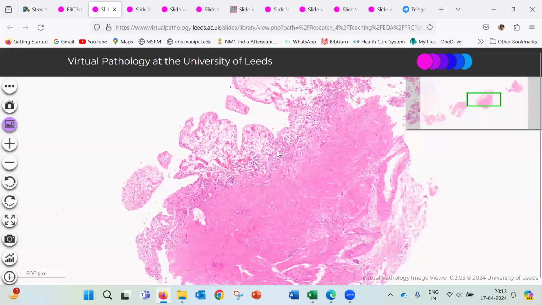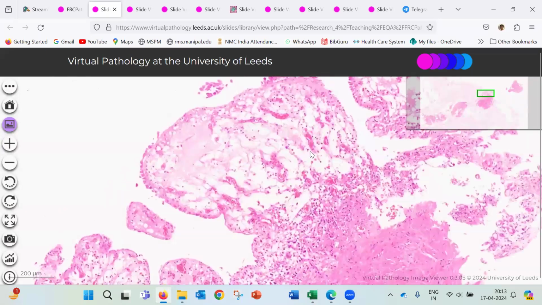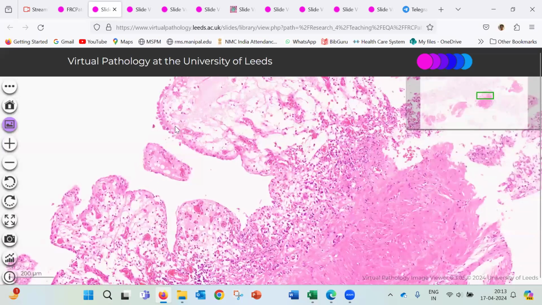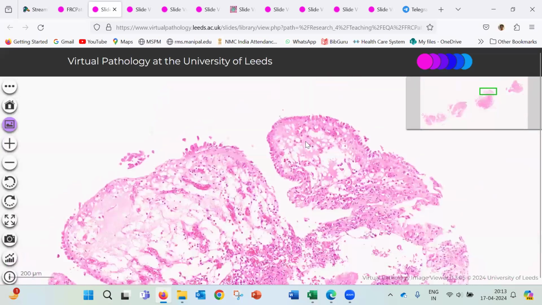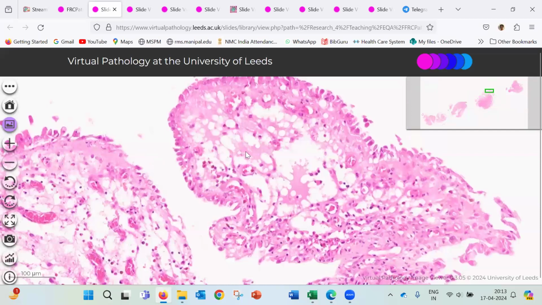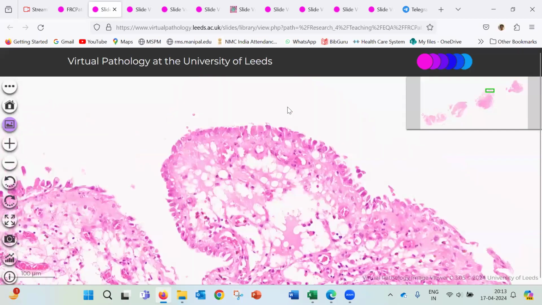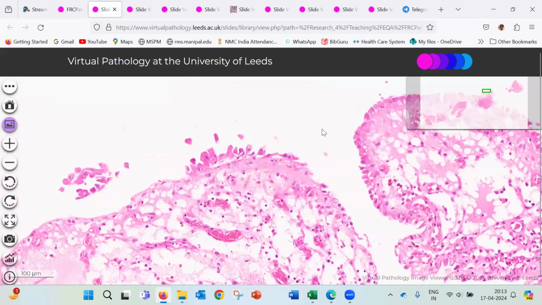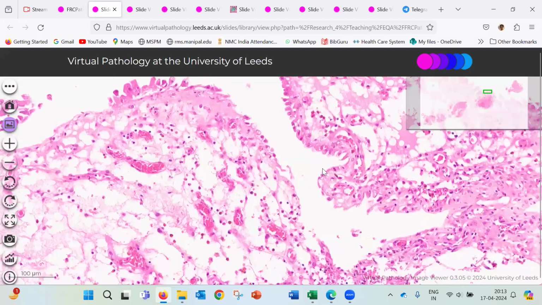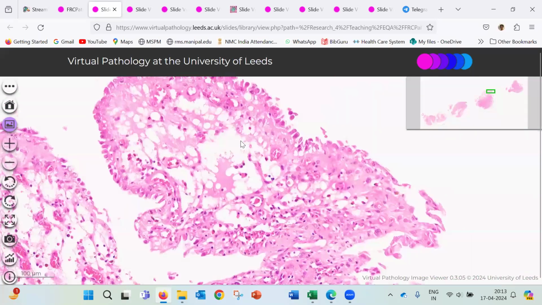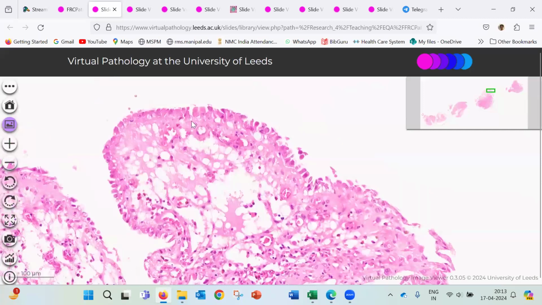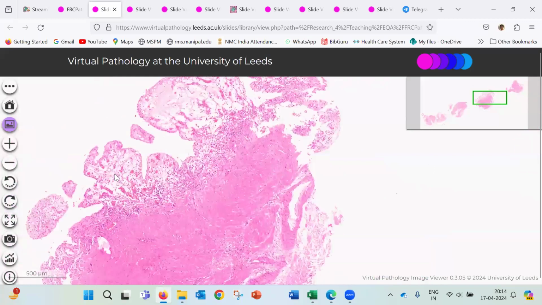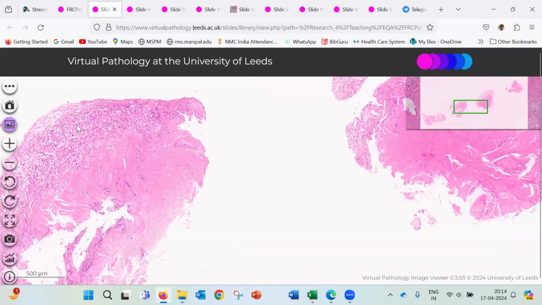So I see detrusor muscle, and I see this kind of lining epithelium with hobnailing, and it shows some degree of nuclear changes with nucleomegaly and some nuclear atypia. And if you come down, there is some laying down of basement membrane below the lining epithelium.